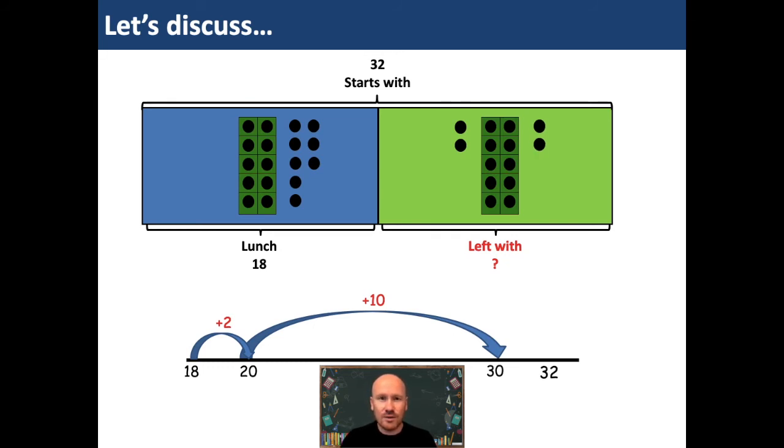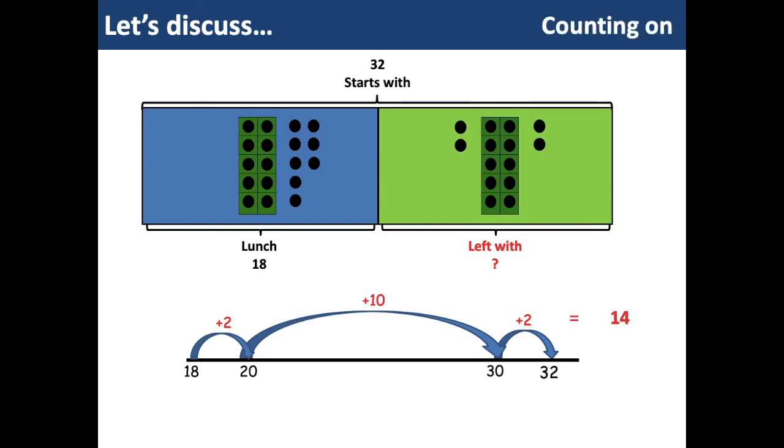I need to add on 2 more. And as you can see, I've now reached that whole amount of 32. The last thing I need to do here is just count up those jumps. I counted on 2, then I counted on 10, and then I counted on 2 again. So altogether, I've had to count on 14.